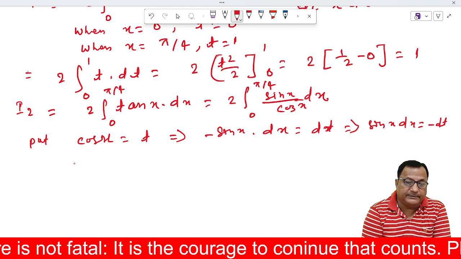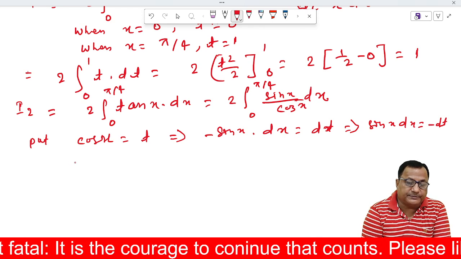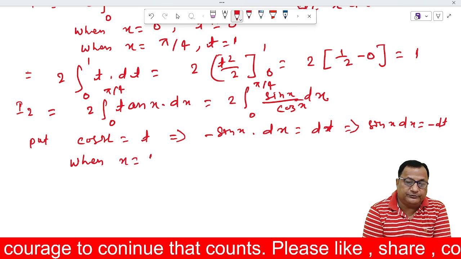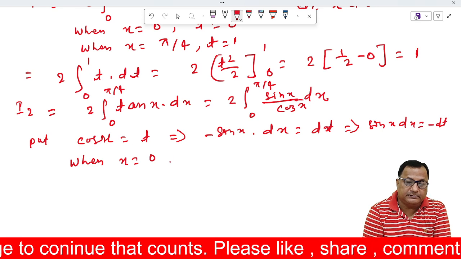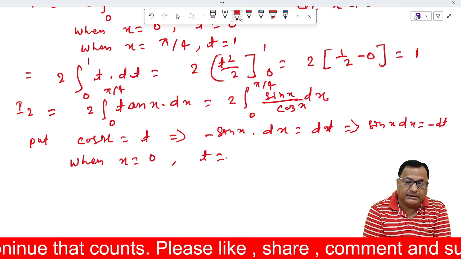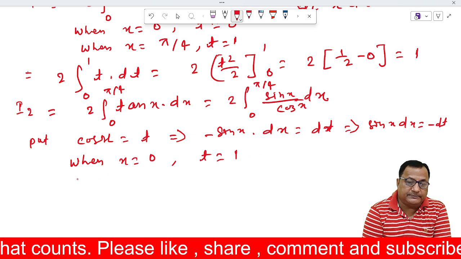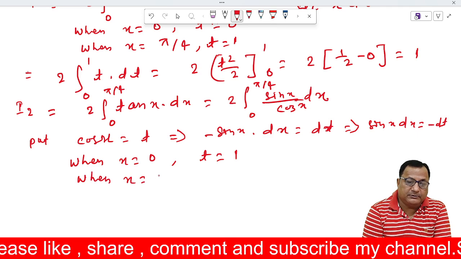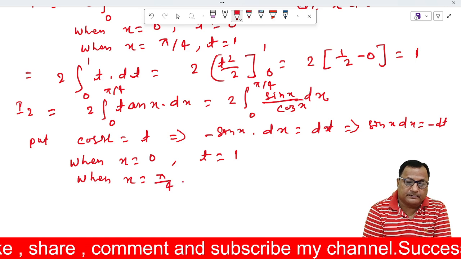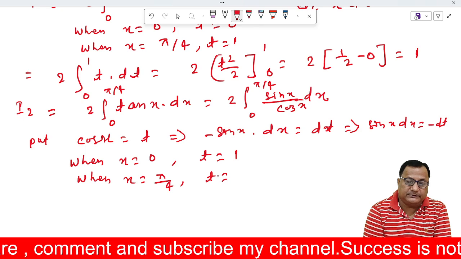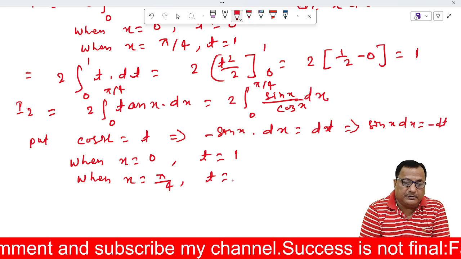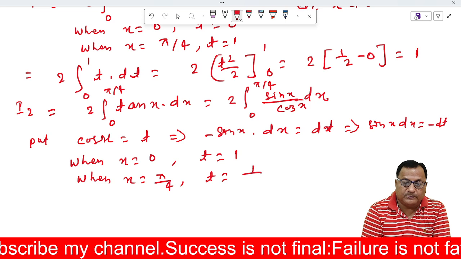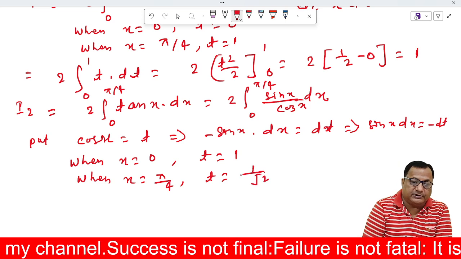Now we will change the limits also. When x is equal to 0, cos 0 is equal to 1, so t is equal to 1, and when x is equal to pi by 4, t is equal to cos pi by 4, which is 1 by root 2. So this is the limit.